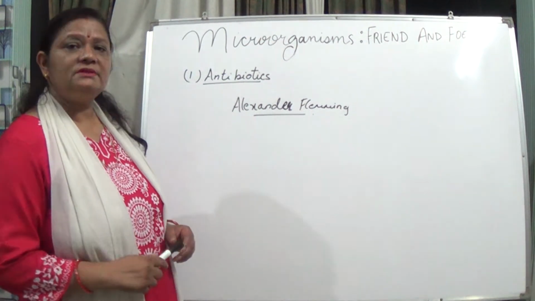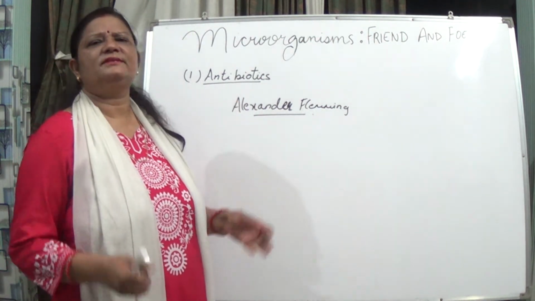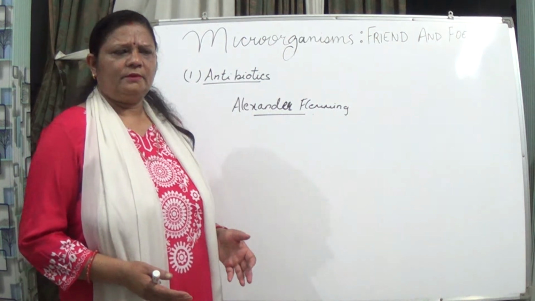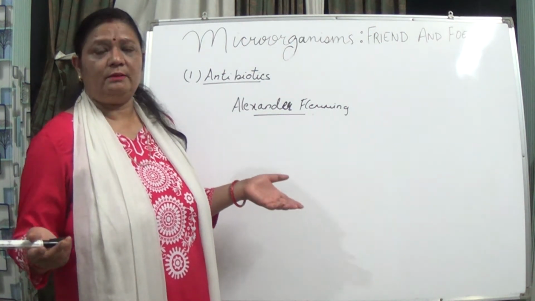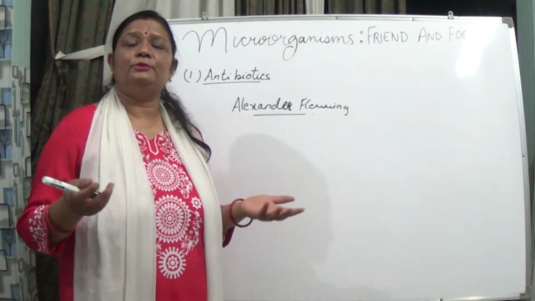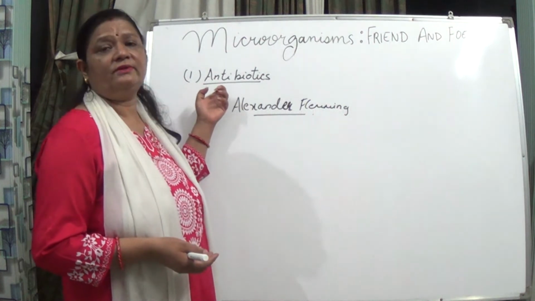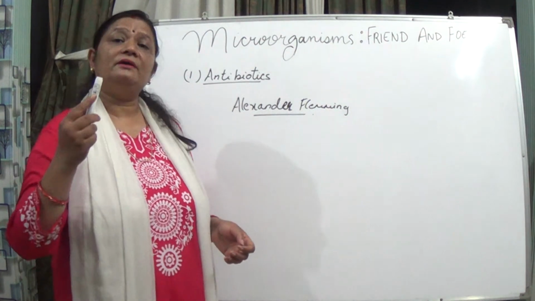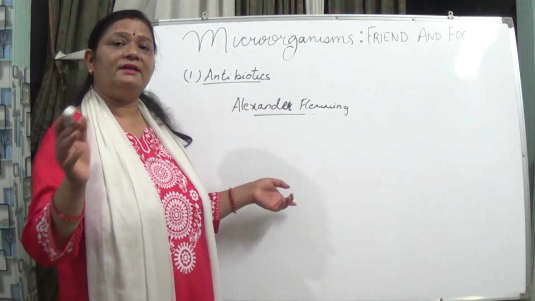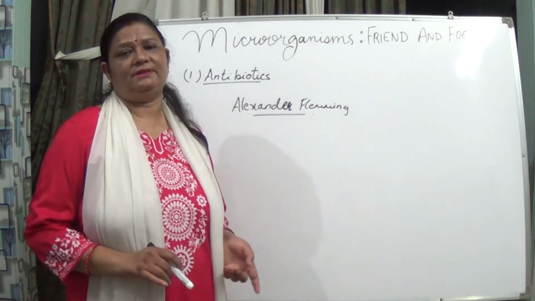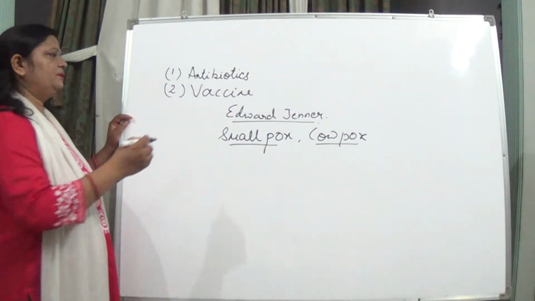When we talk about simple cough and simple flu, we don't take antibiotics. Why? Because the common cold and flu are caused by viruses, and antibiotics are not effective against viruses, they are effective against bacteria.